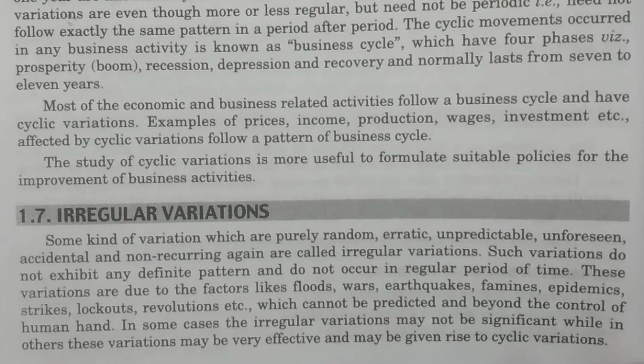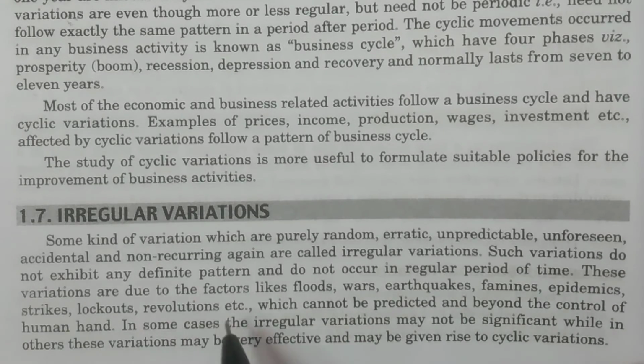For example, if you observe some particular pattern in this May, and the next year in the month of May you want to see the same pattern, it cannot be observed. So there is no particular pattern.